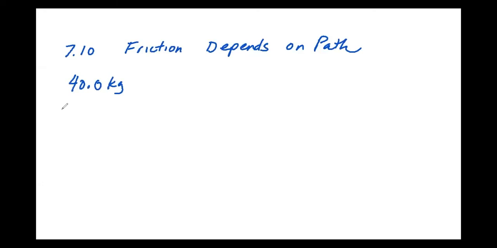So we have 1/2 times 2,000 kg times (4 meters per second) squared, plus m is 2,000 kg times 2 meters, because that's the height, times g, which is 9.8 meters per second squared.